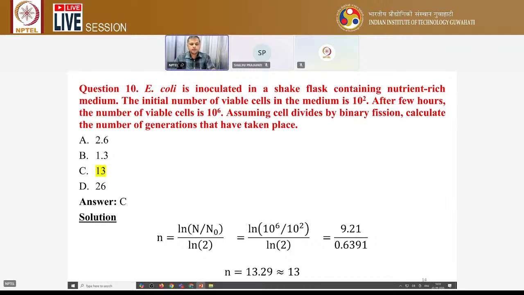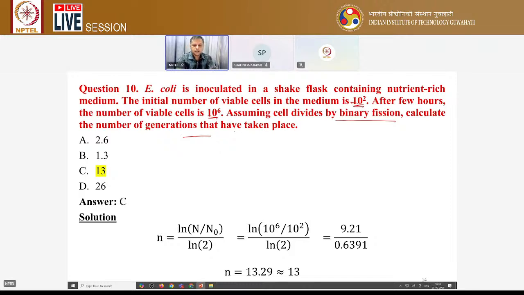The next question: E. coli is inoculated in a shake flask containing nutrient-rich medium. The initial number of viable cells is 10 to the power 2, and after a few hours, the number of viable cells is 10 to the power 6. There is growth. Now assume the cell divides by binary fission, meaning one cell divides into 2 cells. Calculate the number of generations. This is again very straightforward.